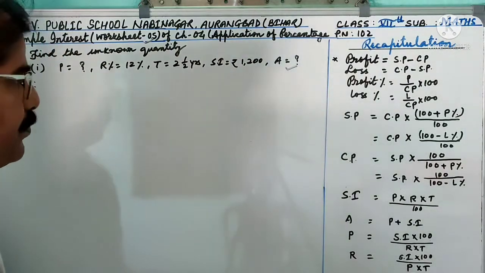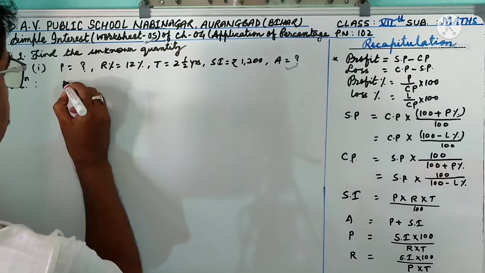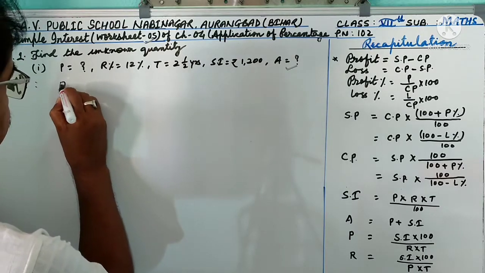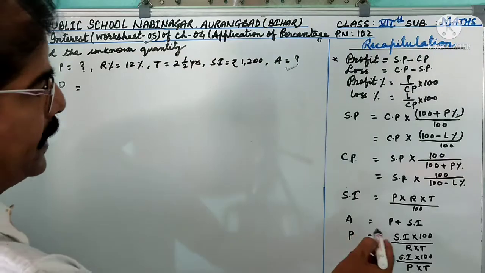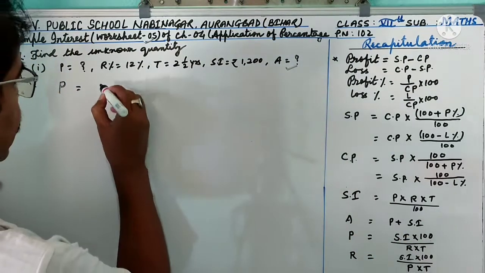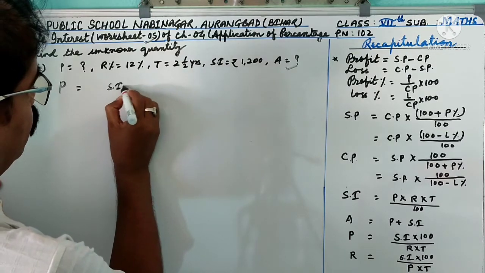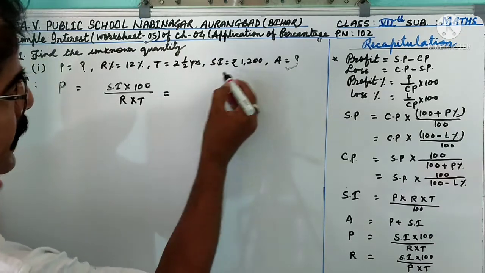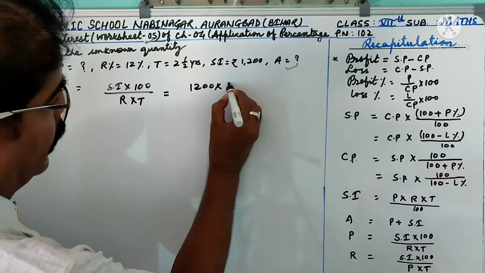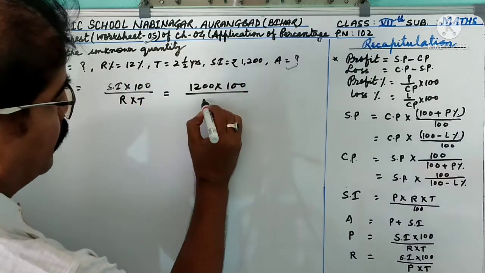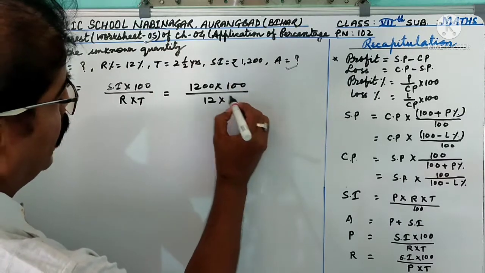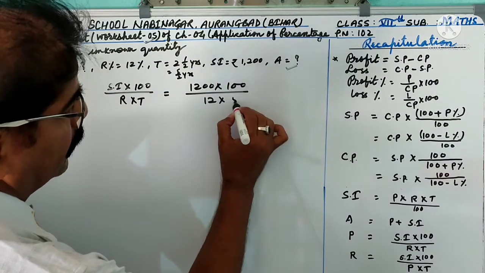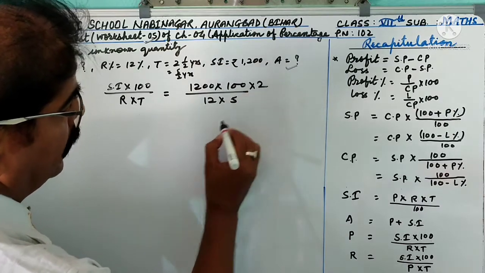So dear students, first you find P. P equals SI into 100 by R into T. Here SI is 1200 into 100 by R 12%, and time 2 and 1 by 2 years, that means 5 by 2 years, so we take the reciprocal, 2 by 5.